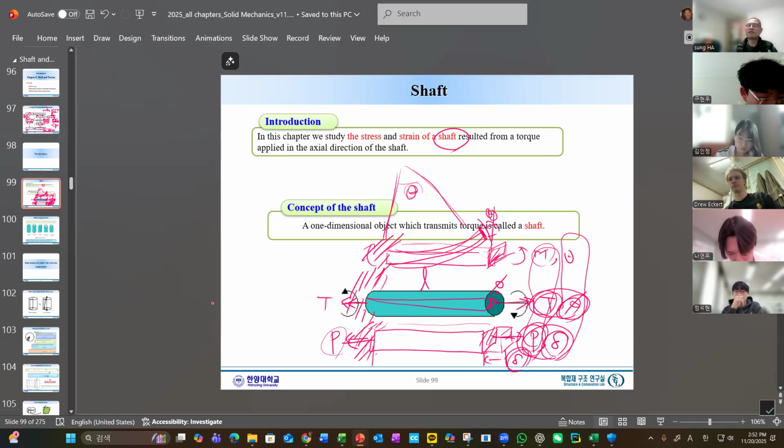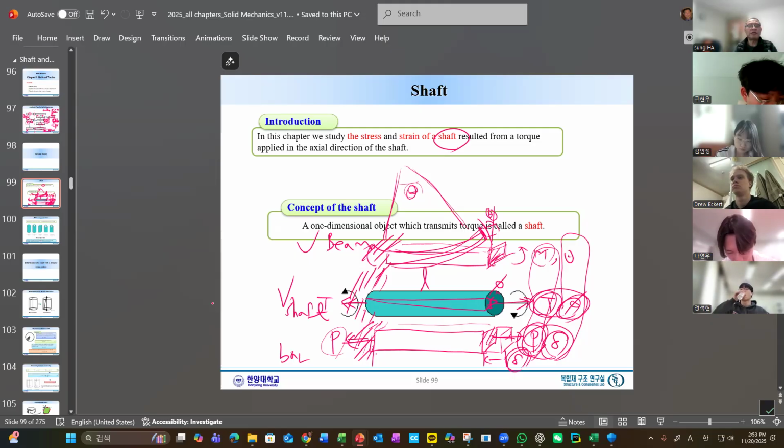The concept is better and easier to understand, not just for one particular case, but as a very generic concept, and I'm sure this will help you. Anyhow, the procedure will be pretty much the same as for a beam. This is a beam, this is a shaft, and this is a bar. Pretty much the same.